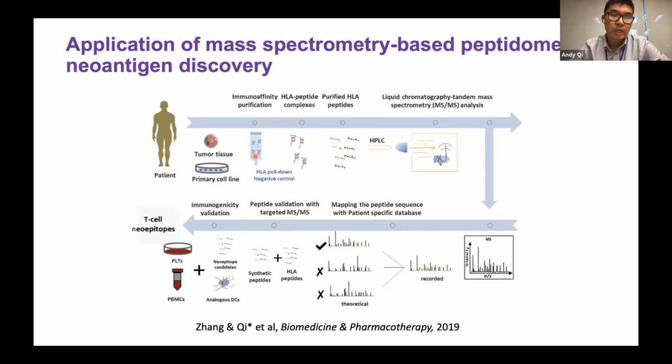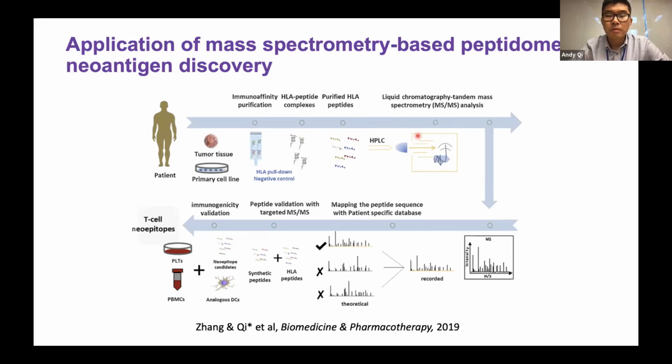Generally, people purify the HLA peptides from patient tumor or primary cells, and this is a purely traditional pull-down analysis. The trick, as mentioned by Dr. Cristina, is to start with a relatively large amount: about 100 million cells, or for tumor tissue, about 20 to 30 milligrams of frozen tissue.